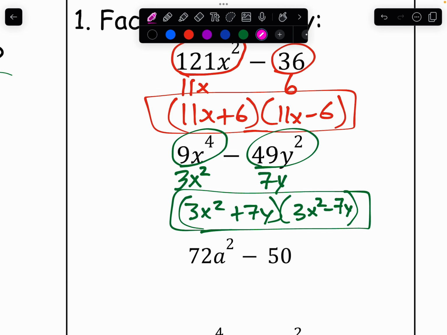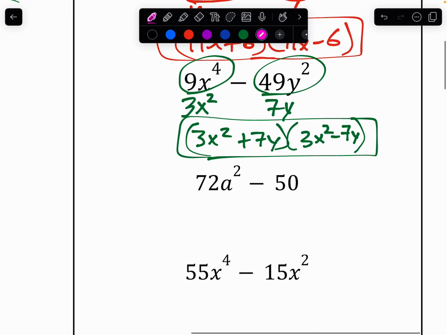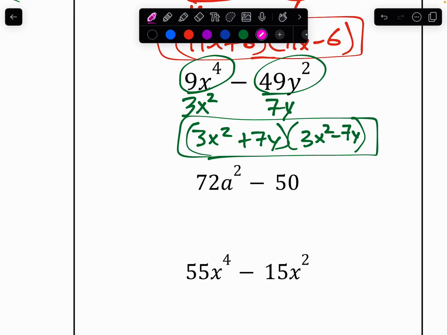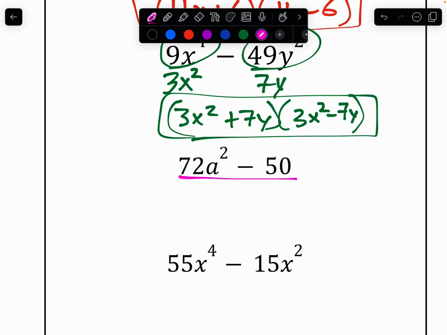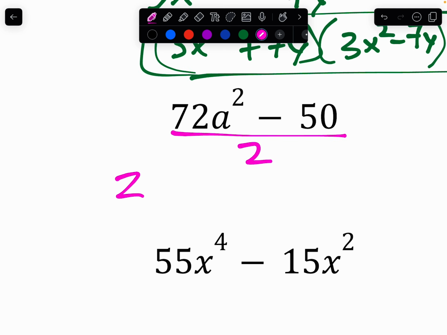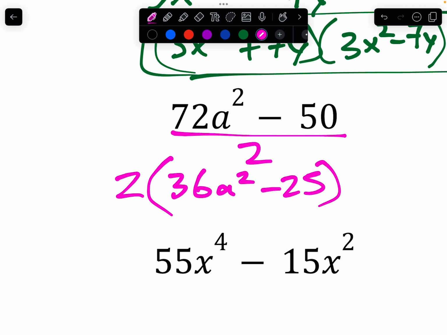So, next one. This time we do have a GCF. So if they're even, these are both even, you got to divide by 2. So 2 comes out, and then I have 36a squared minus 25. Well, look what happens.